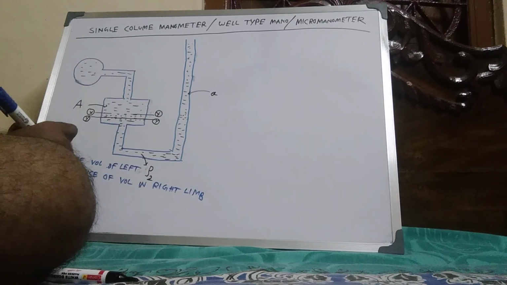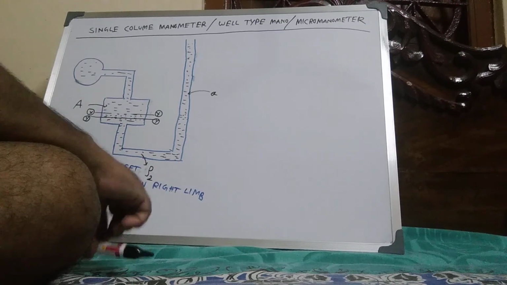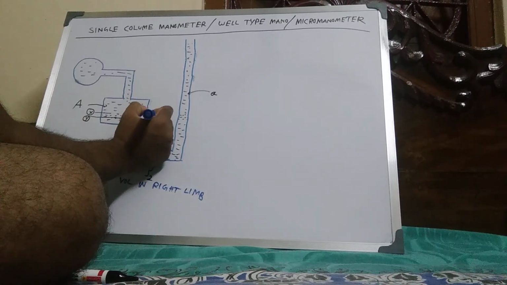So the displaced volume, and height is delta h.